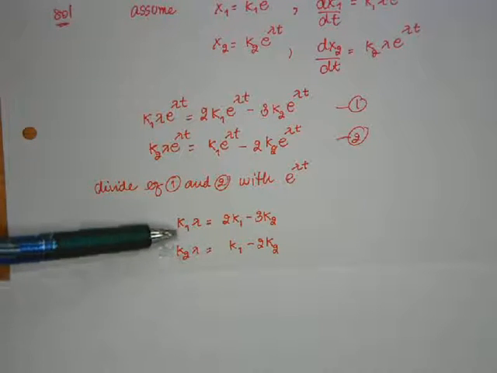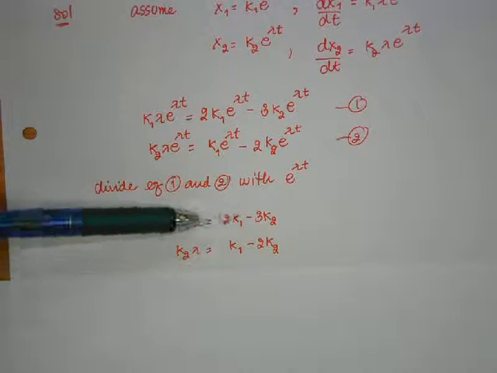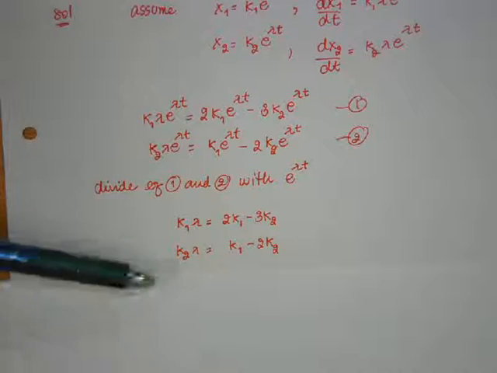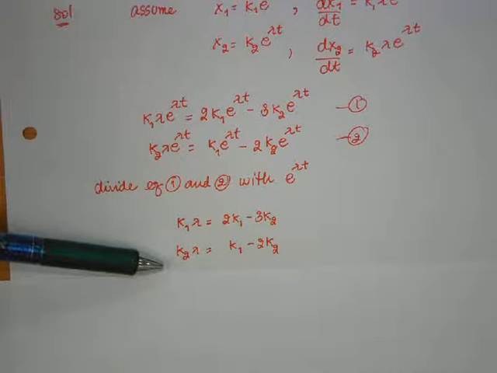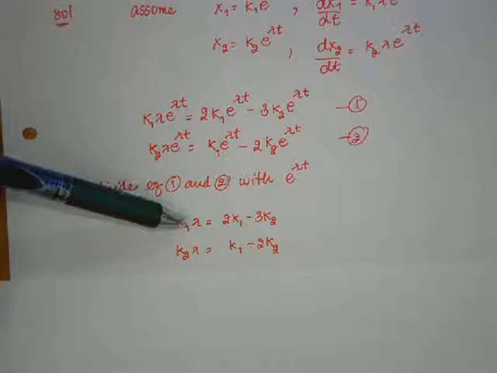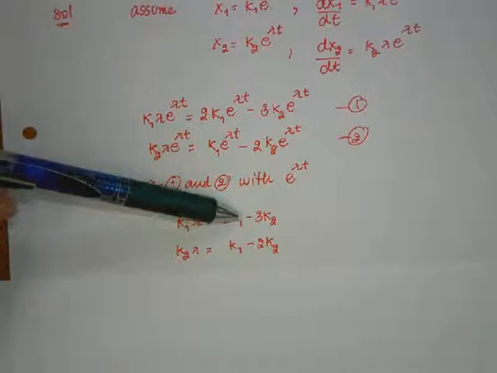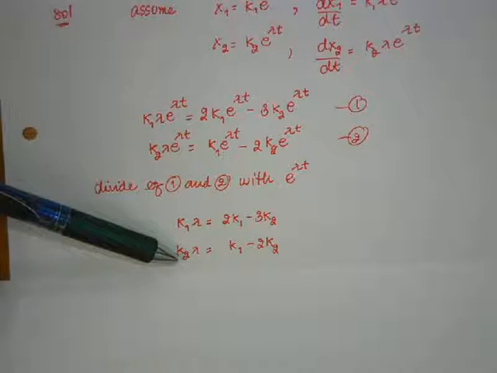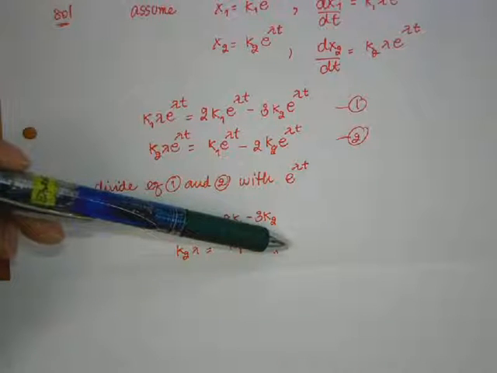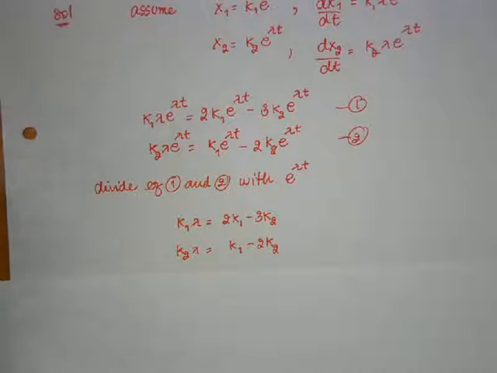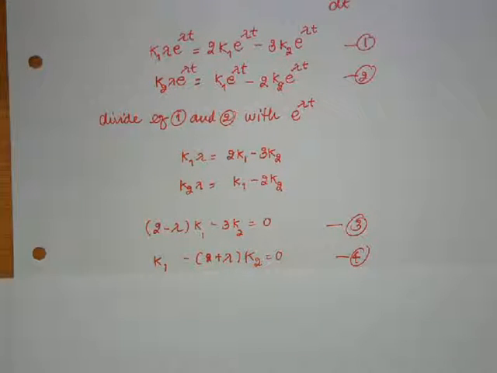Now we have only k1 and k2, and the lambda or eigenvalue as the coefficients of k1 and k2 on the left hand side. I move the k1 lambda to the other side, and also move the k2 lambda to the other side, which is the minus 2k2. From that, I get equation 3 and equation 4.